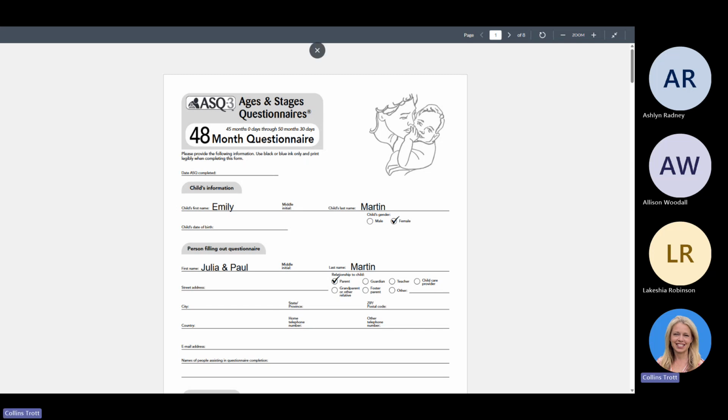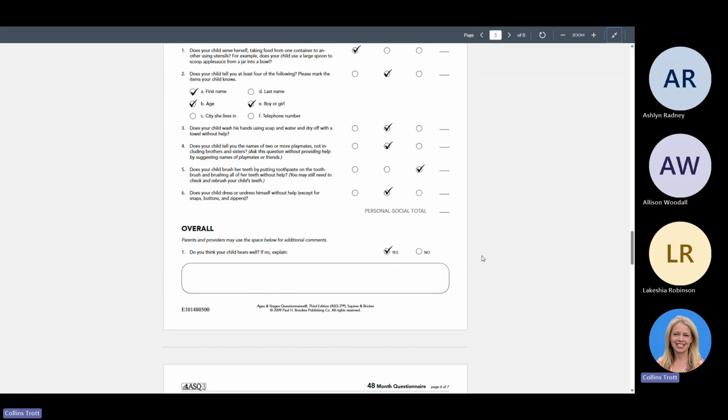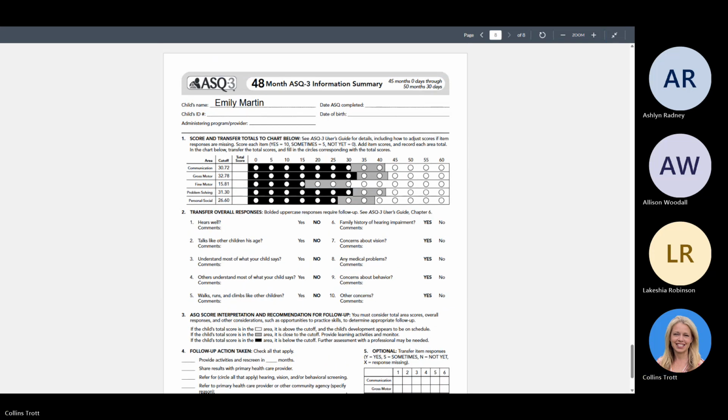All right, our timer is up. So let's check our work. So I'm going to scroll down to the very end. So we're looking at this summary sheet. Okay. So in here for communication, our total score should have been what? 30.